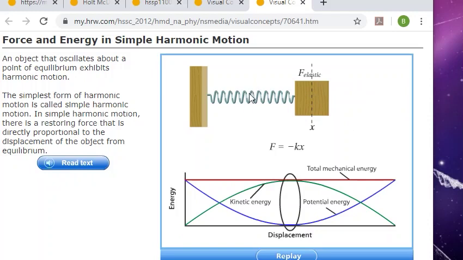At -1, again the velocity is equal to 0, so the green curve is again equal to 0. And we have the maximum displacement. That means again the elastic potential energy, the blue curve, is at its maximum value. Don't forget, at any point the total mechanical energy must remain constant, because it's all the time equal to the potential energy plus the kinetic energy.